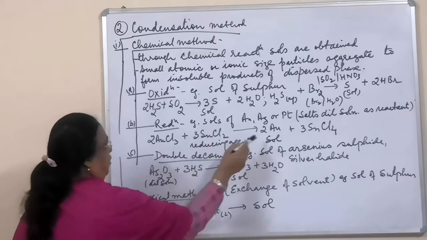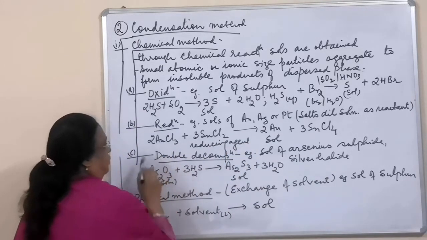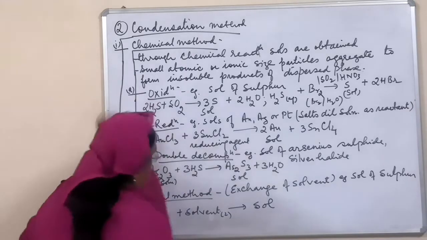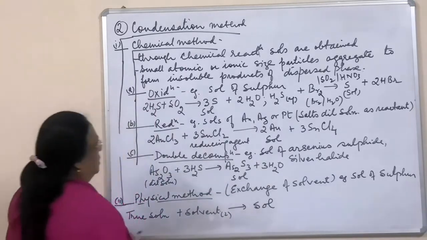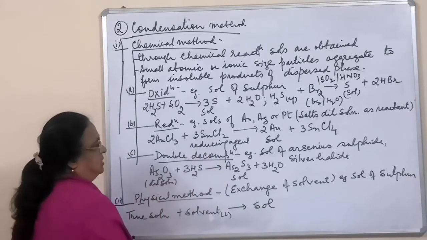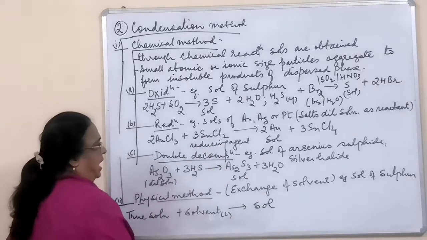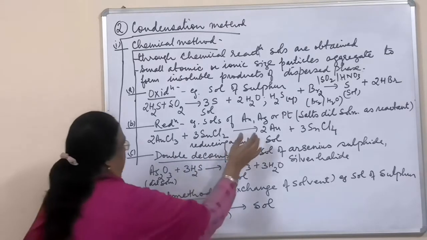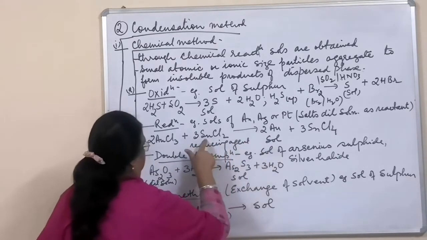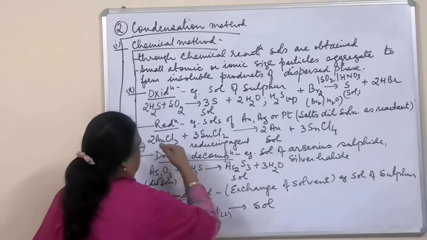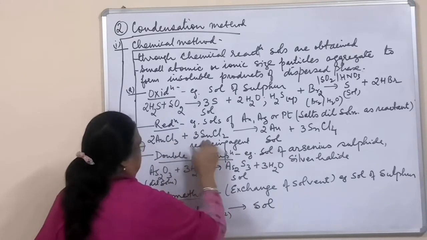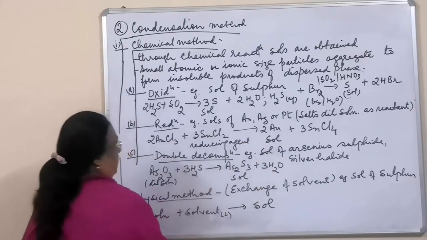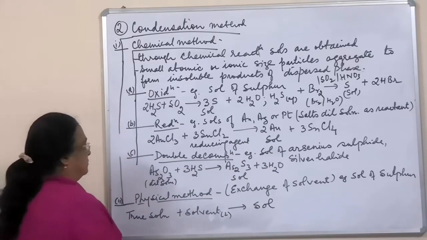If you have to make the sol of gold, you will use auric chloride, a very dilute solution of auric chloride. In that you will add stannous chloride as a reducing agent. Then the sol will be obtained. This is the reducing agent, so the auric chloride will be reduced. Chlorine will be taken up by this, and so auric chloride will be converted into gold sol.